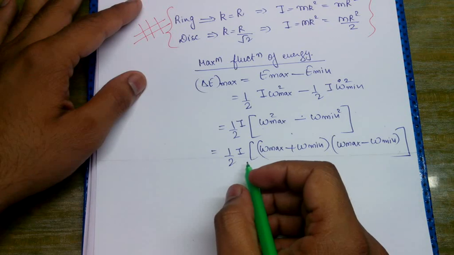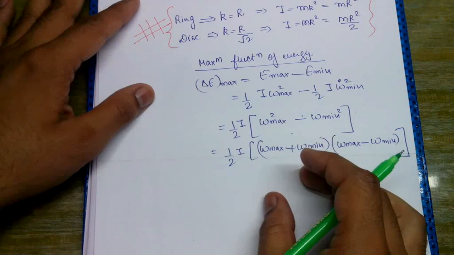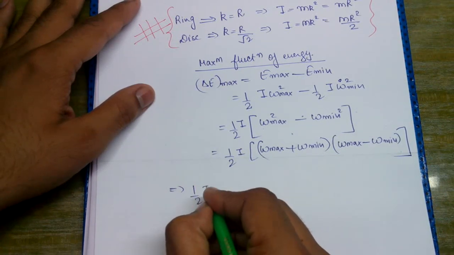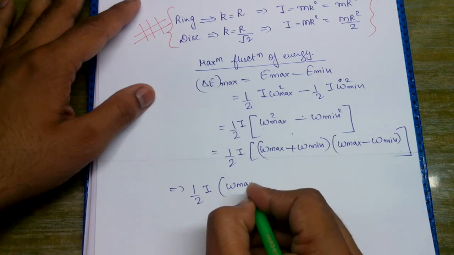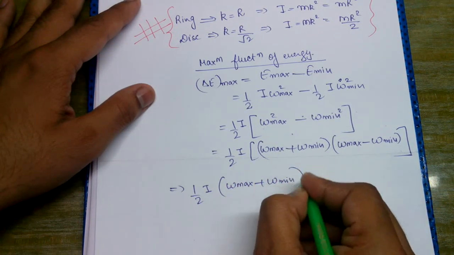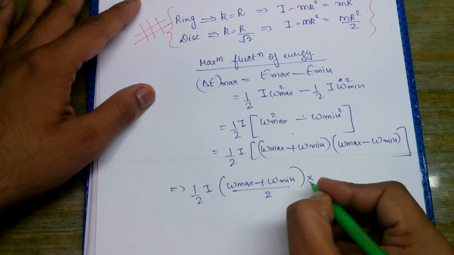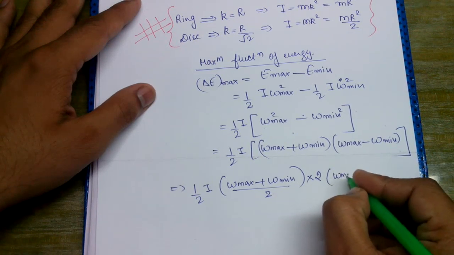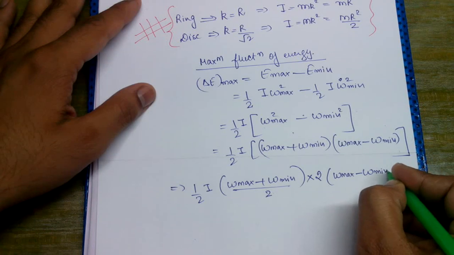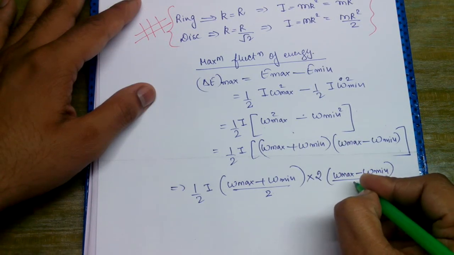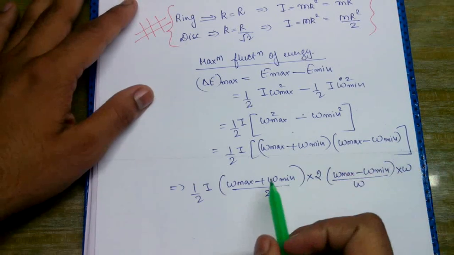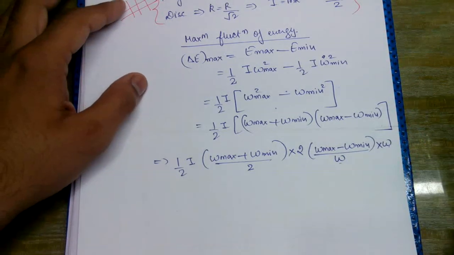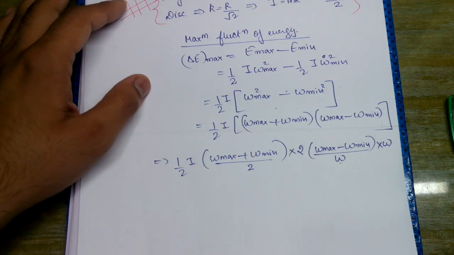Now we multiply and divide by 2, and we also multiply and divide by omega. So we obtain 1 by 2 I into (omega max plus omega min) upon 2, multiplied by 2, and (omega max minus omega min) upon omega, multiplied by omega. We multiplied by 2 and divided by 2, multiplied by omega and divided by omega.